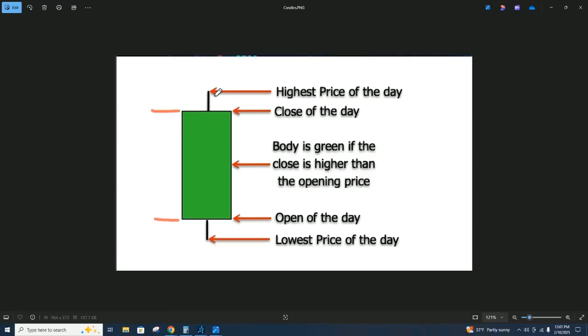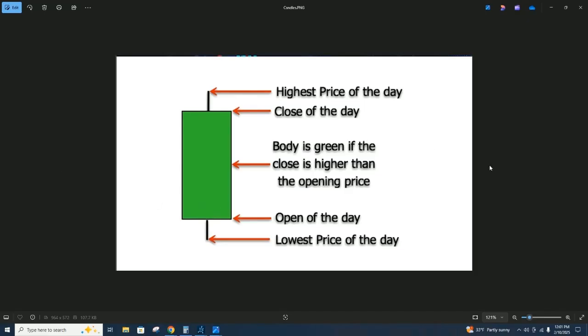The wicks or shadows show us the highs and lows of the day. So at some point this stock came up to here and then sold off and closed here. Again, the green body indicates that the close of the day was higher than the open.